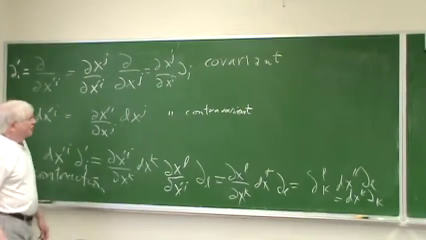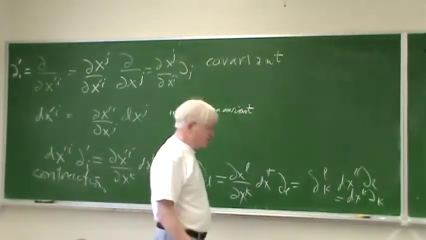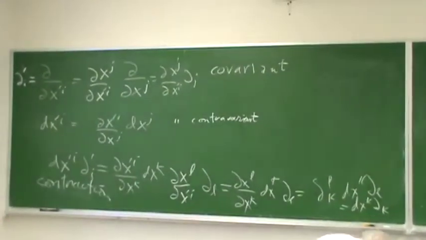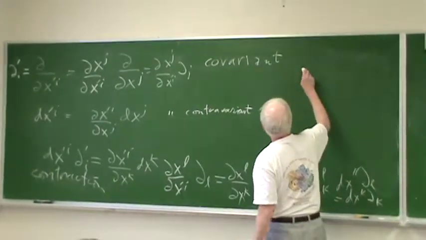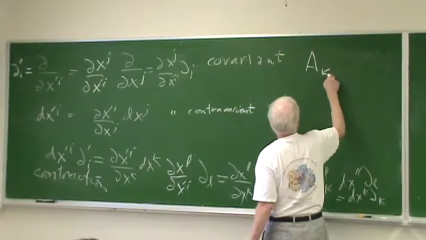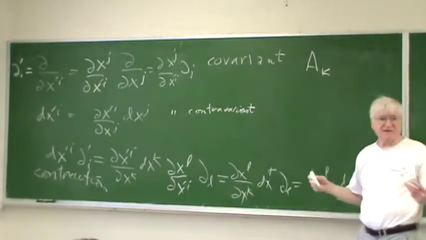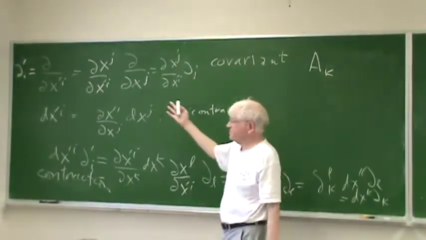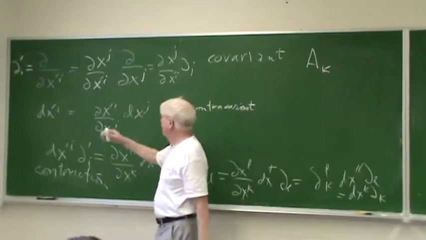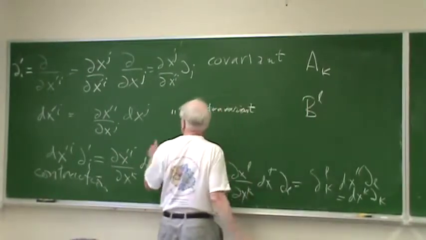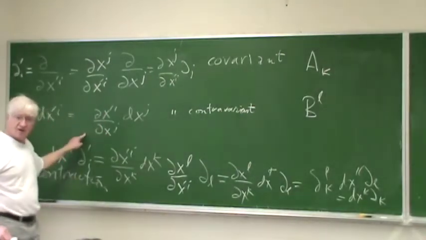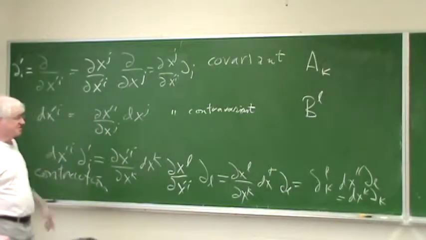Because you see what we do in general is we say any vector Ak with a lower index is covariant if it transforms this way, and any vector Bl is contravariant if it transforms this way under coordinate transformations.